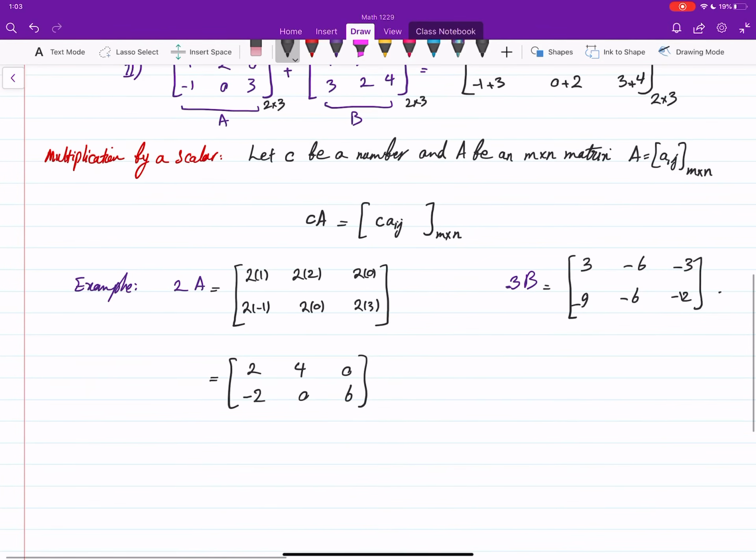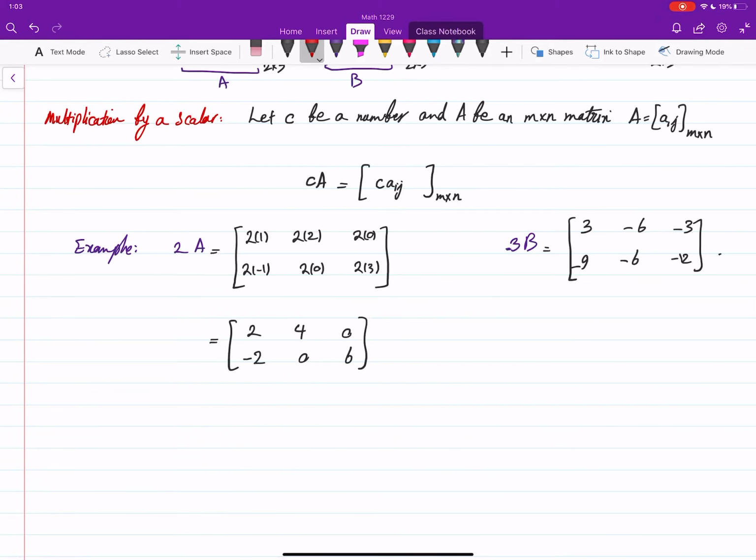If you remember what we did in the case of vectors, you'll see that a special case of scalar multiplication is the negative of a matrix.